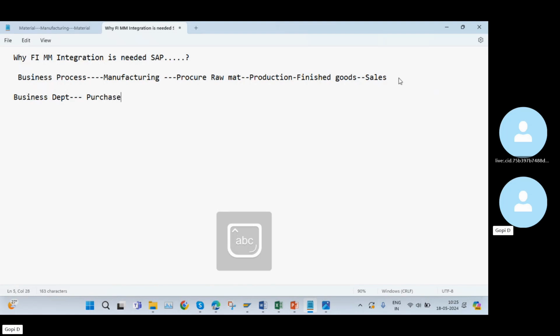This is our general terminology, but when it comes to SAP terminology, we call it the procurement department. The next one is the manufacturing department, or we call it the production department in SAP terminology.